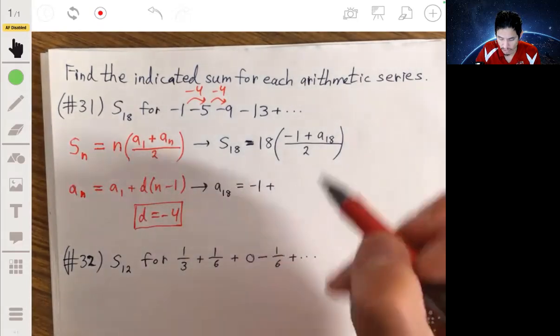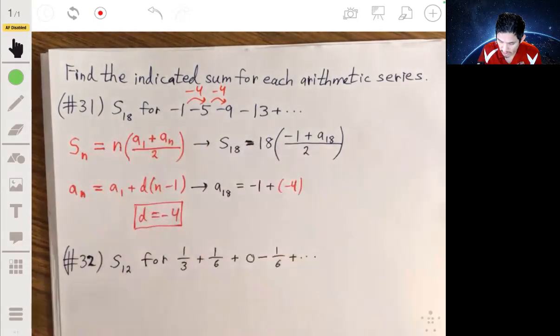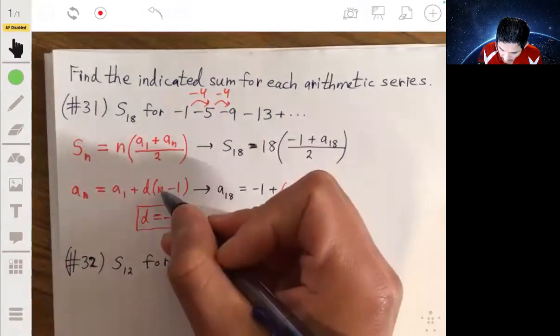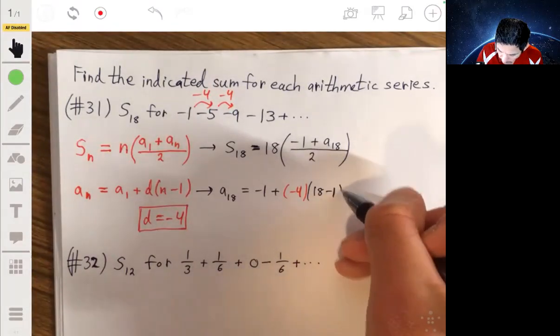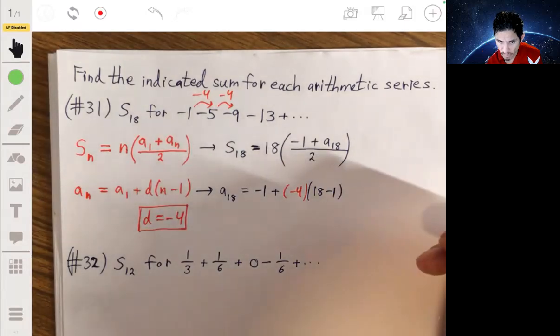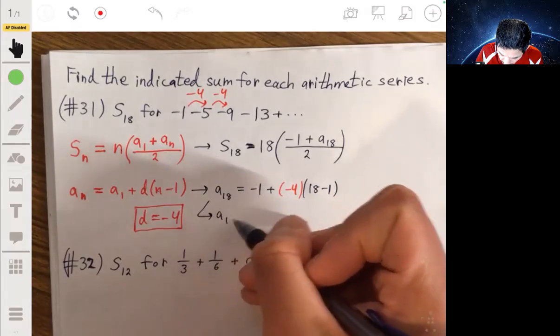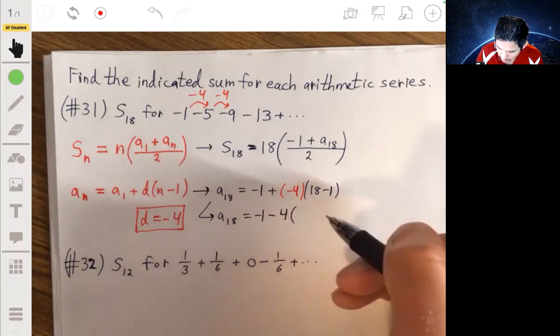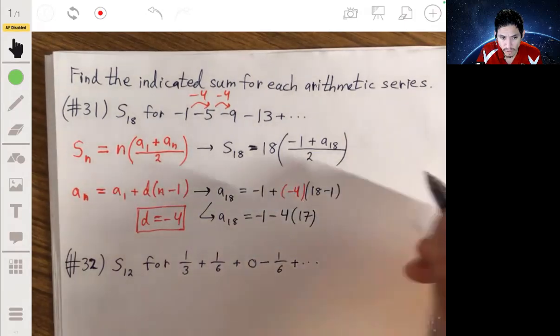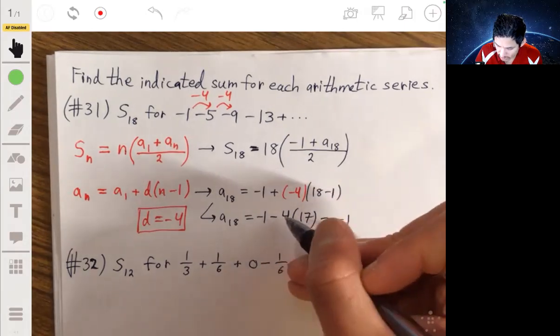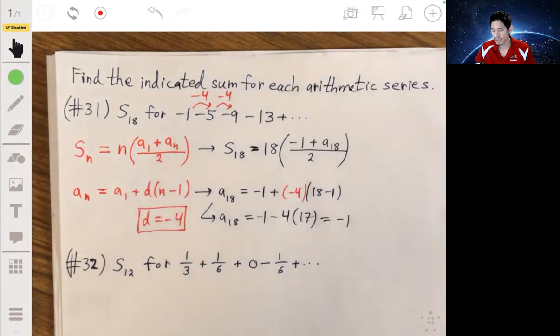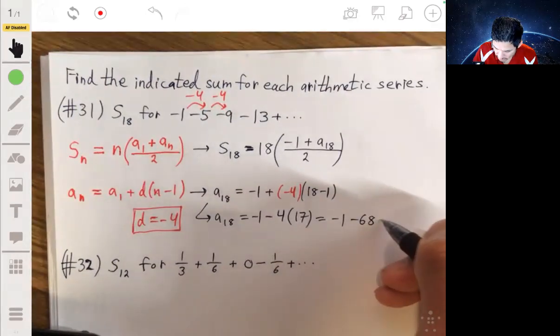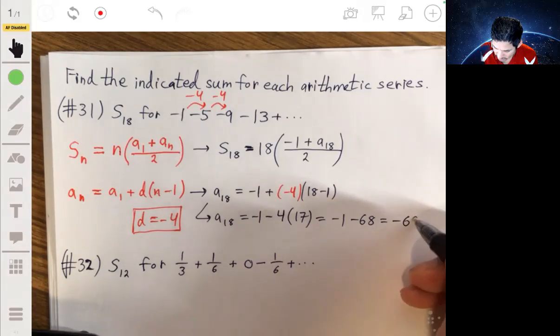So A18 would be -1 minus 4 times 17. 4 times 17 is 68. Let me double check. Yeah, so -1 minus 68, and our A18 term would be -69.